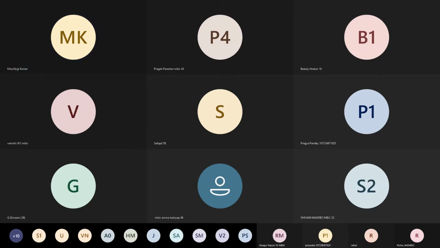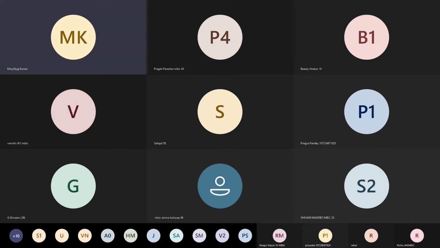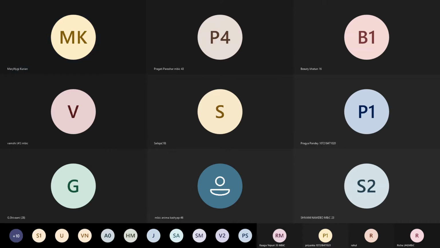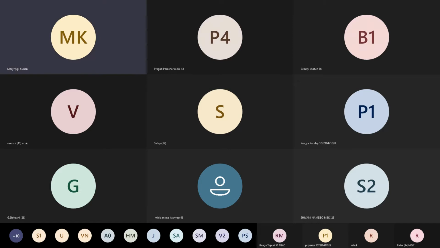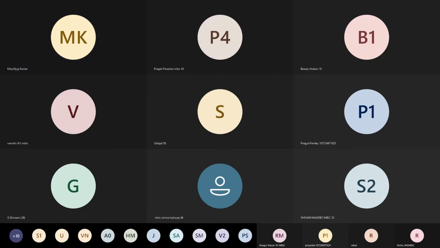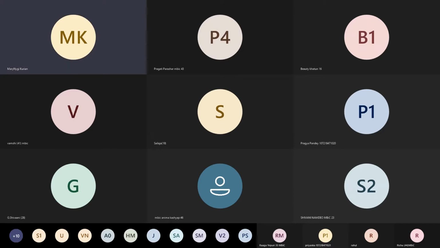Naveen. Present, ma'am. Naveen, this is your second practicals that you are doing. Aparna. Yes, ma'am. Sharvani. Sumashri. Jyoti.